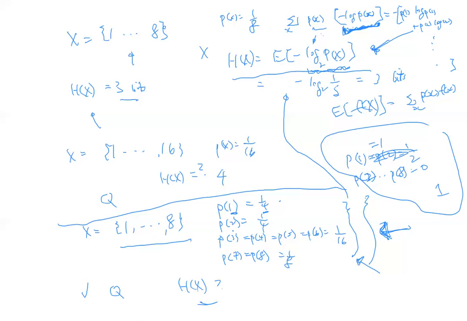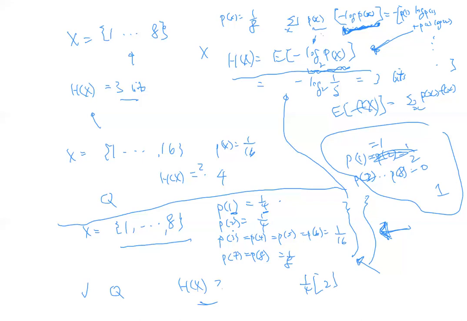So let's see. Log p1 is equal to minus 2, or I should say minus log p1 is equal to 2, and p1 is 1/4, so I have 1/4 times 2.